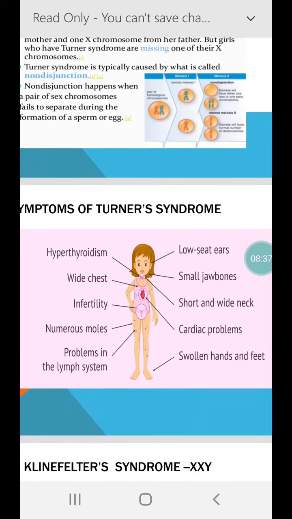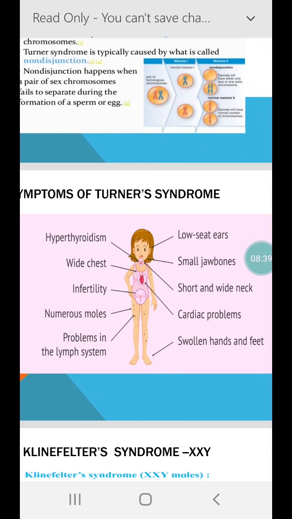So here you can see symptoms: hyperthyroidism, then a wide chest, infertility, numerous moles on the body, problems in the limb system, then low set ears, small jawbones, a short and wide neck, then there may be chances of cardiac problems, swollen hands and feet.